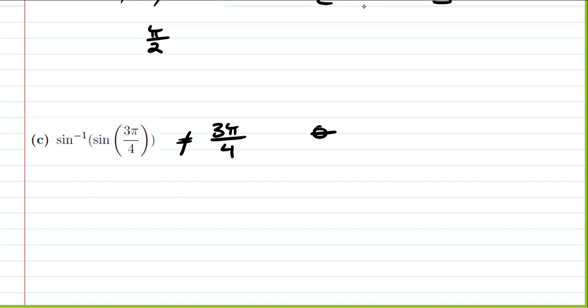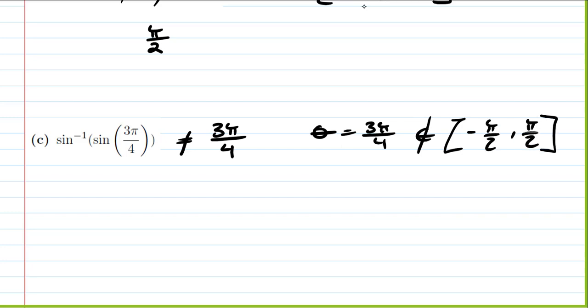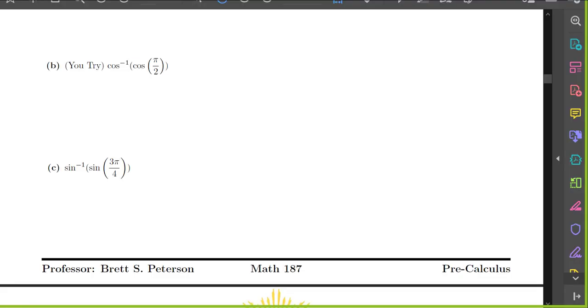So theta equals 3 pi over 4, but it is not in the interval negative pi over 2 to pi over 2. So we're going to get a coterminal angle out of this that's going to give us the same thing. Turns out that this is really going to be pi over 4.